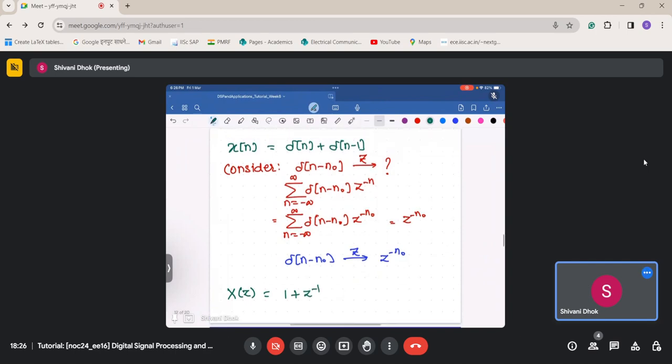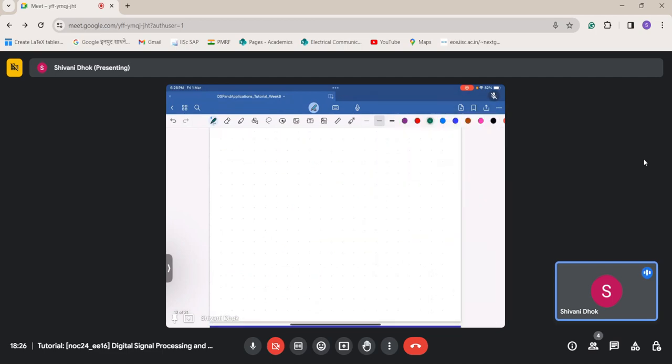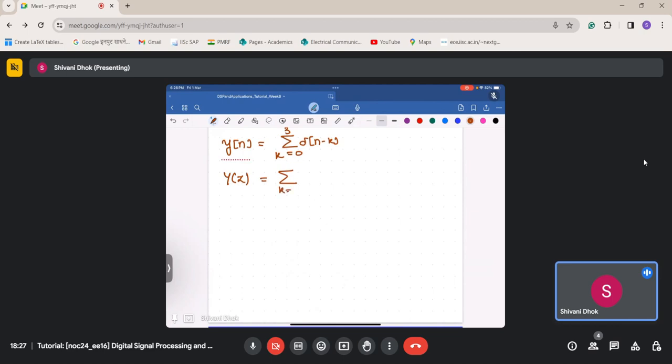So this is my x of z. Similarly, my y of n is summation k running from 0 to 3 of delta n minus k.